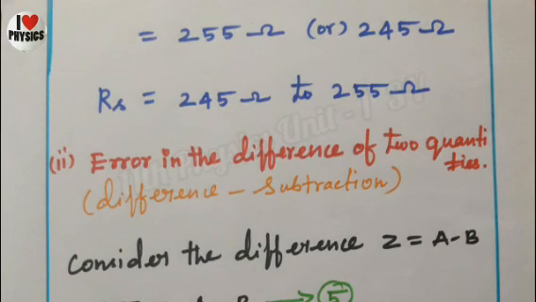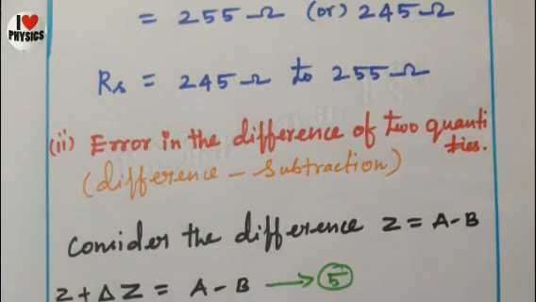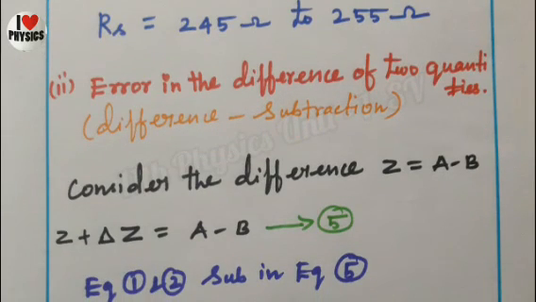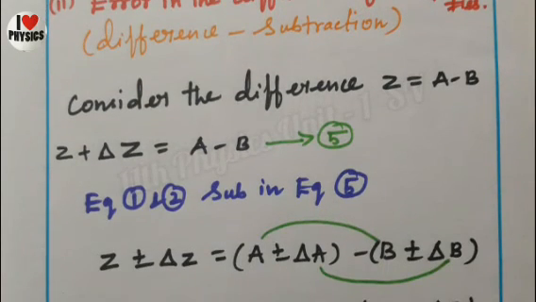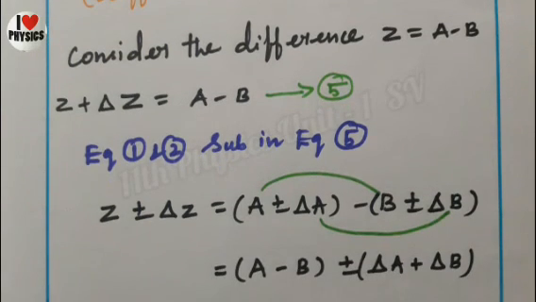Next, the second one, error in the difference of two quantities. Difference means subtraction. Consider the difference Z equals A minus B. Already we know that A is A plus or minus del A, and B is B plus or minus del B. So Z plus or minus del Z equals A minus B. This is equation number 5.